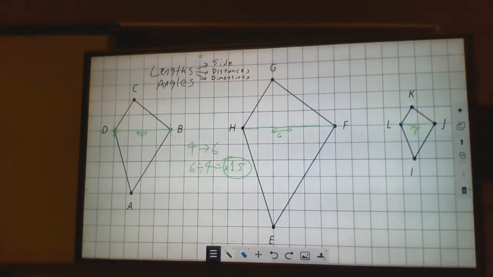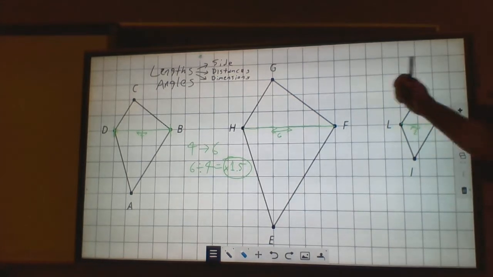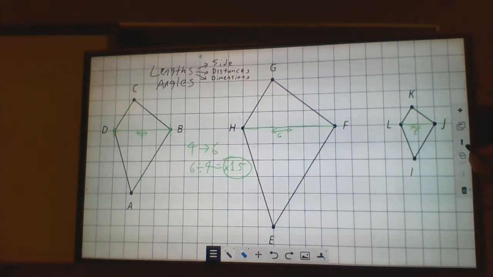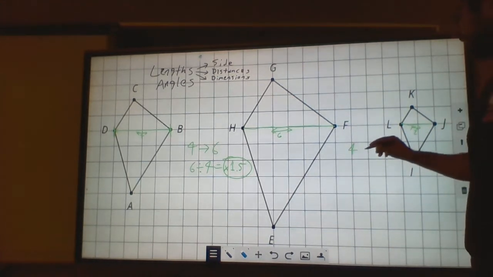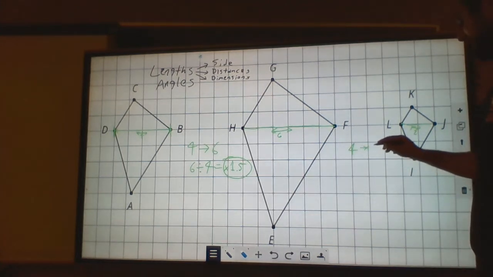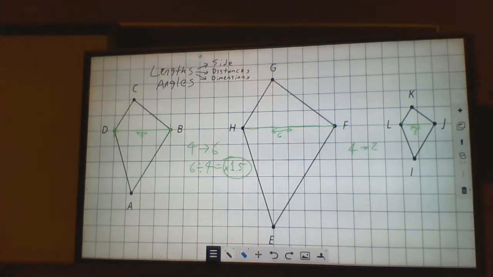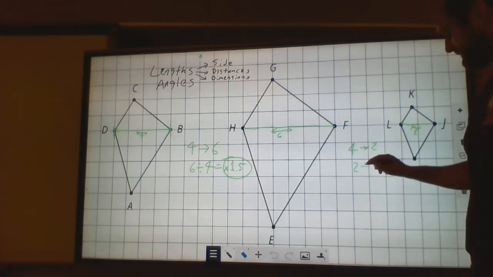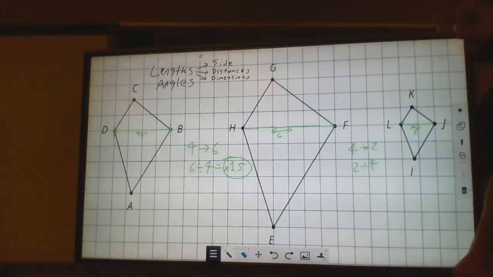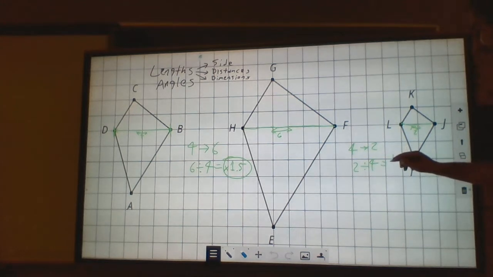Now let's compare our original to this one right here. So we're starting at 4, and then we're going down to 2. So it's getting smaller. And so what we do is take that 2 and divide it by the original value 4, and we find out that it's only 1/2 the length, which is pretty obvious now when you think about it.